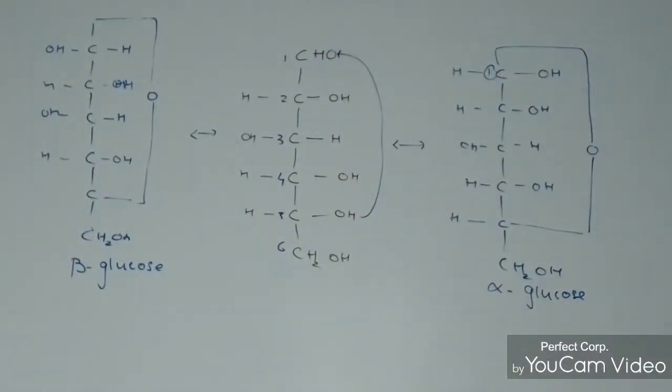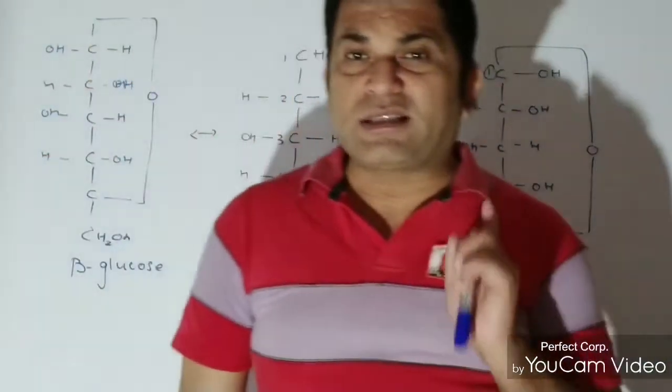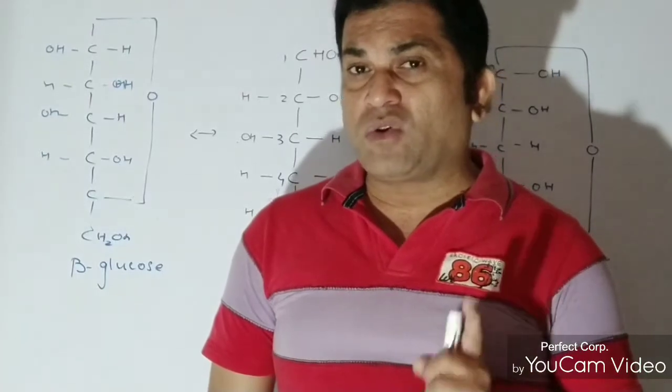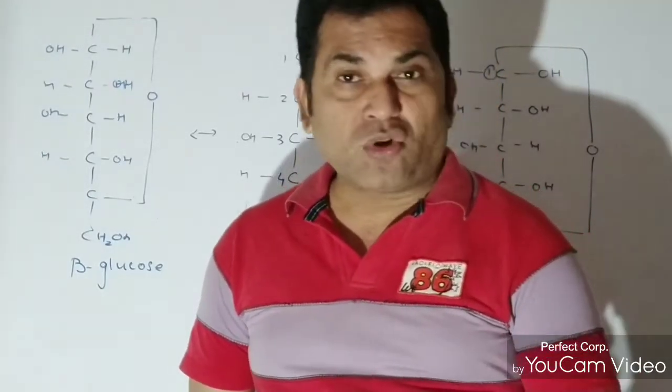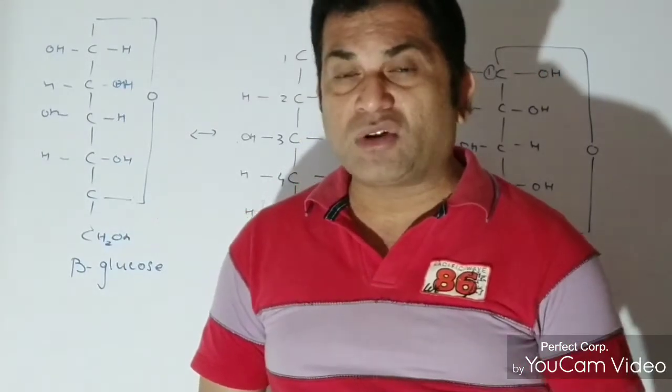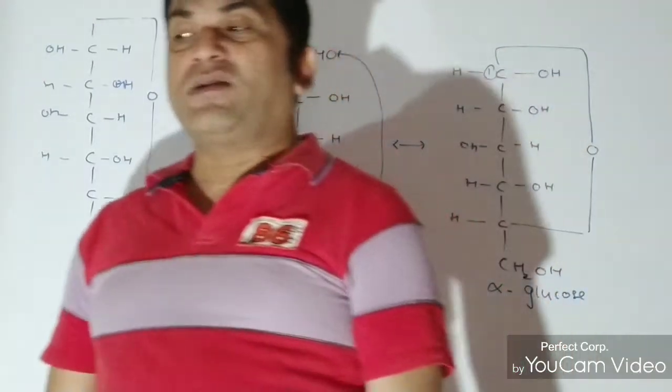Such isomerism is known as anomerism. So due to the number 1 carbon, glucose gets 2 forms, alpha glucose and beta glucose. These are known as anomers of each other, and such isomerism is known as anomerism.